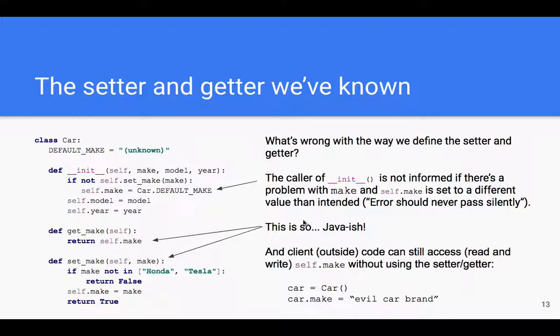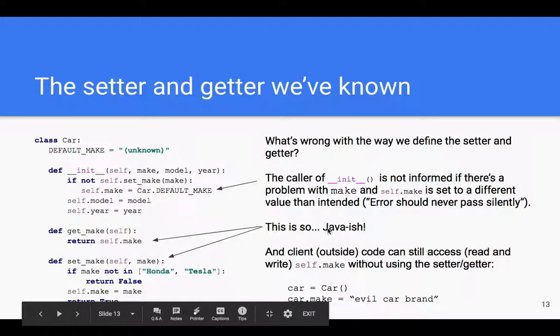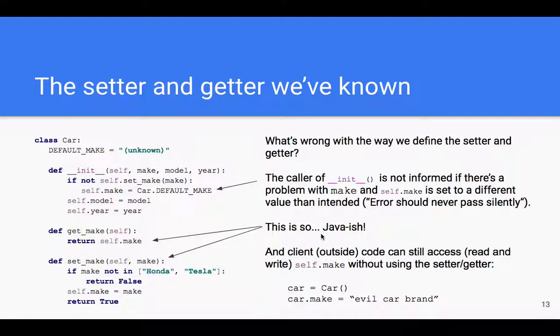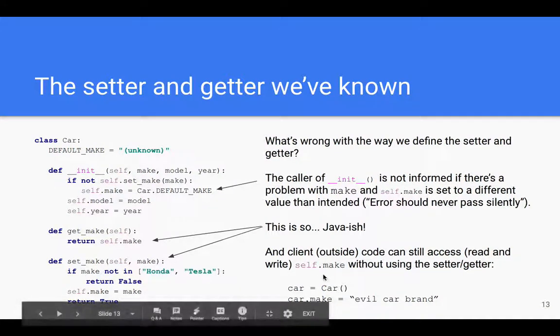And then another problem is, for those of you who've done Java or C++, this is really the way that Java writes getters and setters. But we are writing Python code, right? We're not writing Java code. And then finally, writing setters this way, the client code can still access the make attribute directly, without using the setters and getters, right?